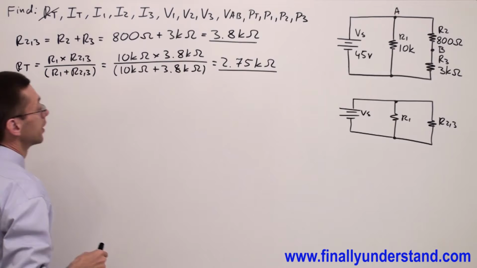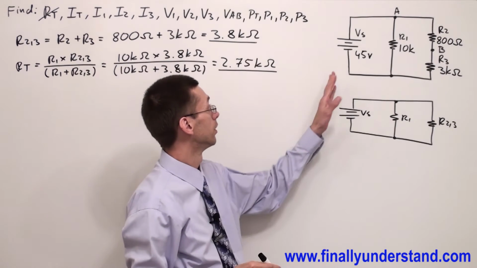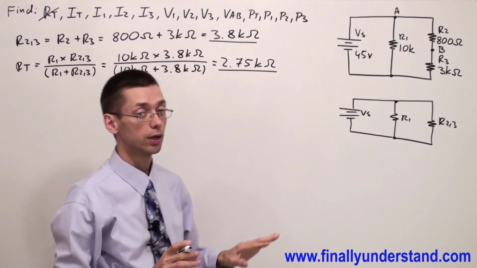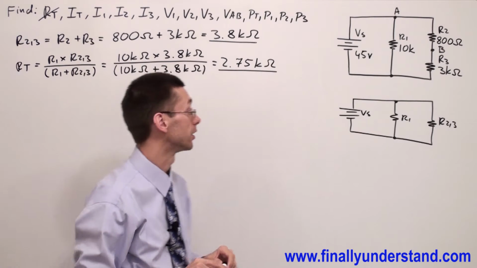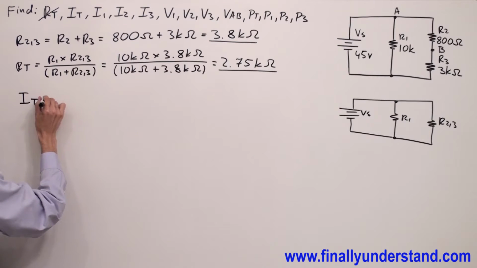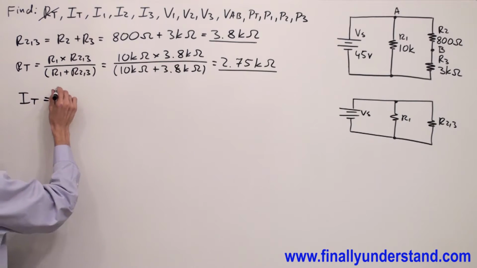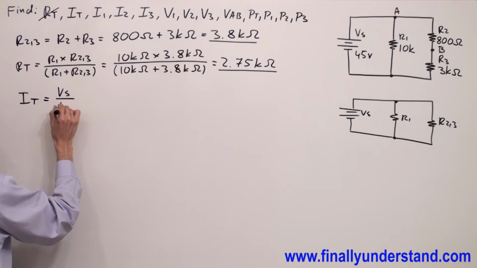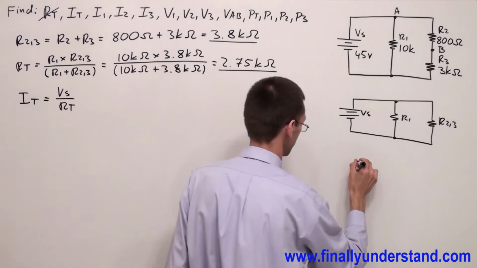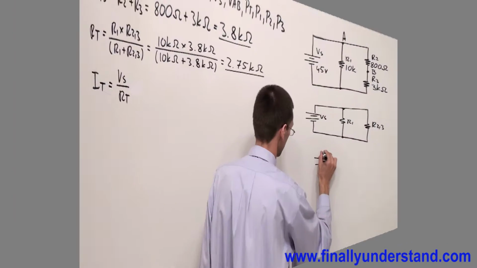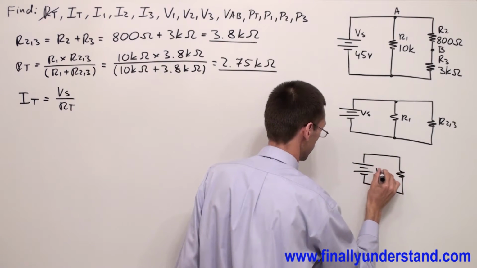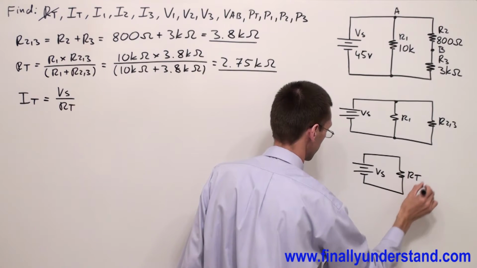Next, I have the voltage source. I found R total, so I can very easily find I total. I total, right, is nothing else but the voltage source over R total. Because we can redraw this circuit, and the circuit is going to look like this right now. I have a voltage source and I have R total, right?